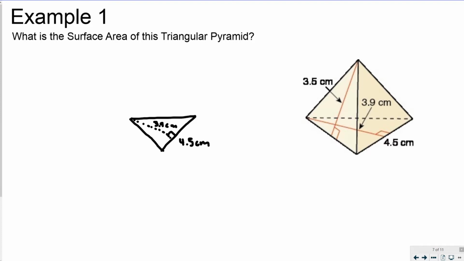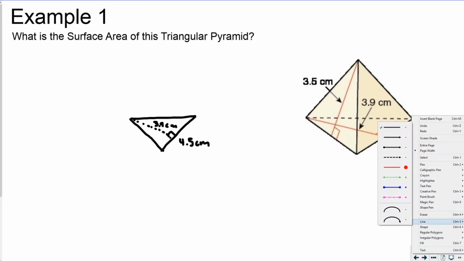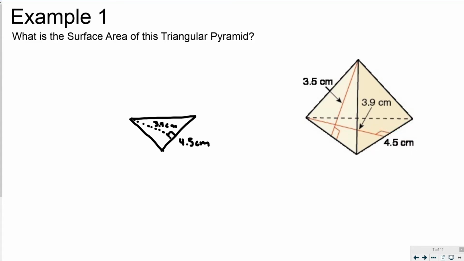And then what would have happened was if we unfolded the pyramid, I'm going to take out my line tool here to make it more precise. We'd have three shapes like this, and I don't think I went far enough over.